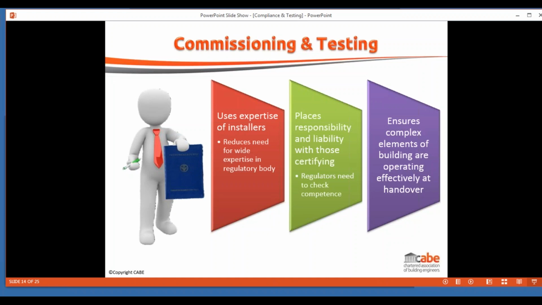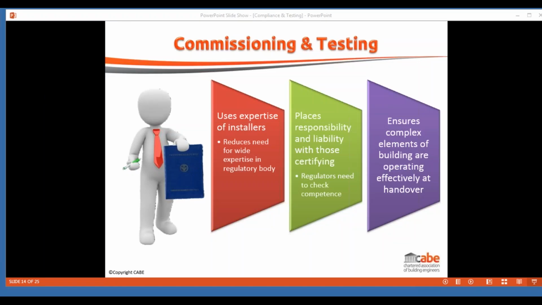what is also important when we look at how we install things on site and how we're working is that buildings are becoming far more complex, far more services reliant. If we put equipment into the premises, we need to be able to make sure that it is running to its peak performance.